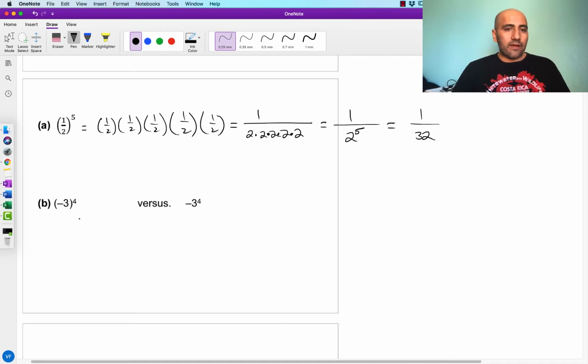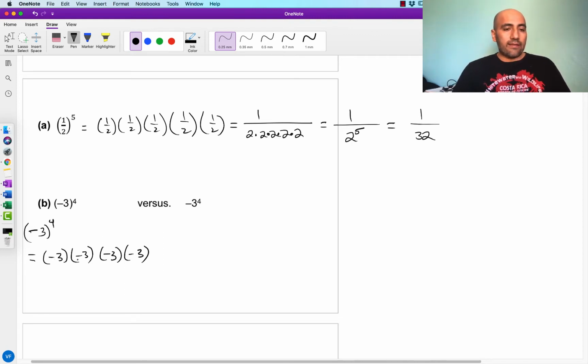Okay, here's another example. Now, this one we have to be careful about because these two get confused very, very often. Notice that the negative 3 is wrapped in parentheses to the power of 4, whereas this one is not. So when we're dealing with negative 3 in parentheses to the power of 4, it means we're going to have negative 3 times negative 3 times negative 3 times negative 3, 1, 2, 3, 4 times.